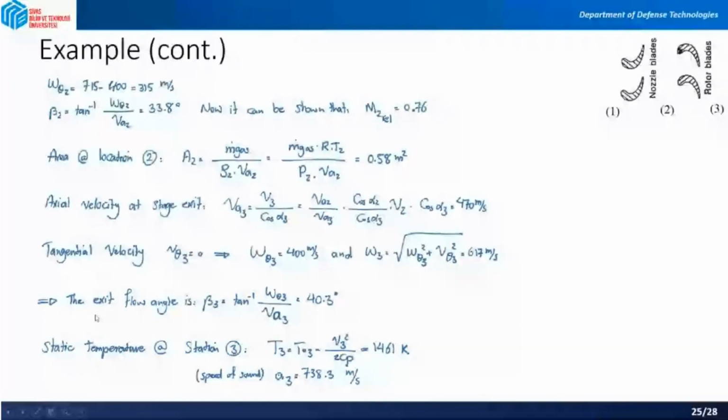And the exit flow angle is obtained from the velocity triangle, so it's W theta 3 over VA 3. Then again, the static temperature can be calculated at station 3. You already have your V3 and T0. Then the speed of sound can be calculated.